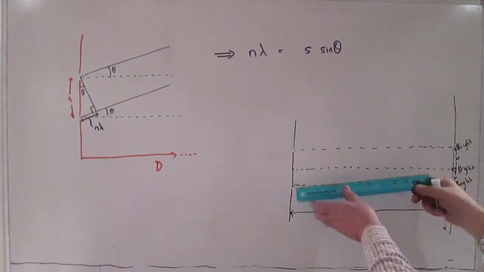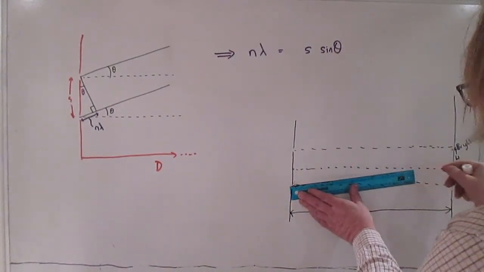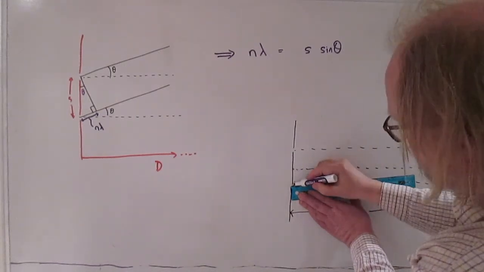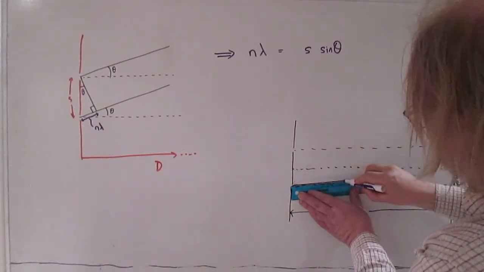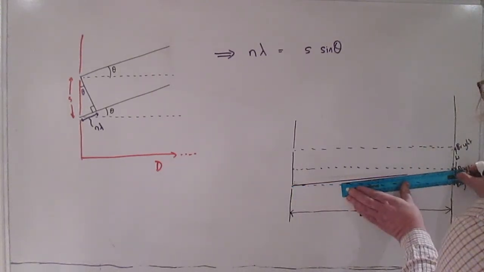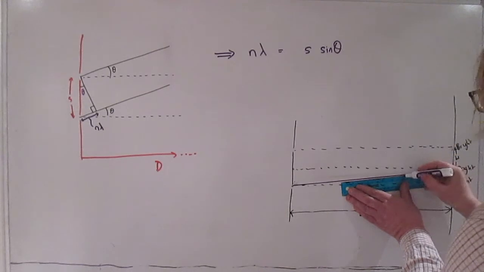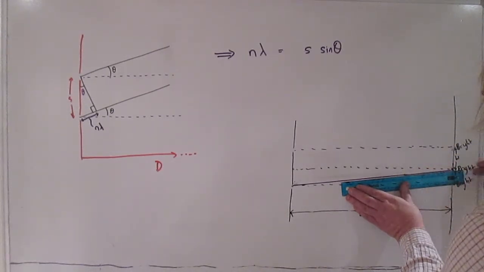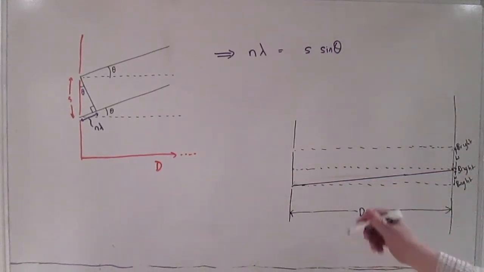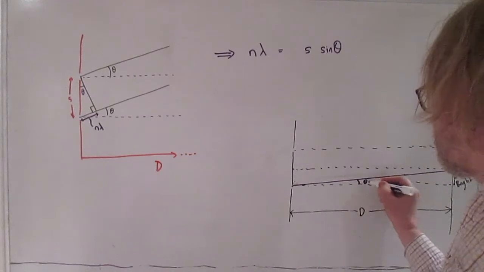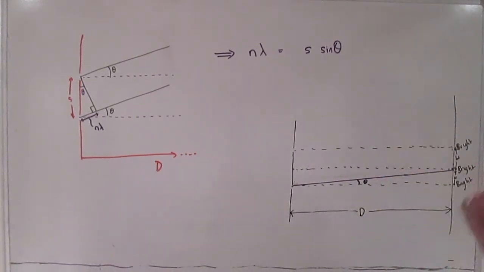So this angle we can mark on like this. If we draw a line headed up there and extend it to here, then we know that that angle is going to be theta. So we've got a connection between the two there.